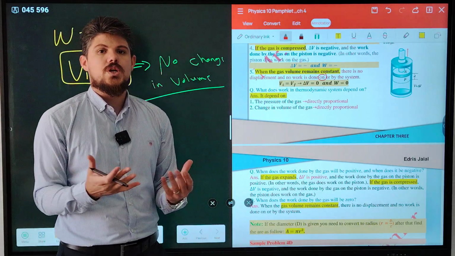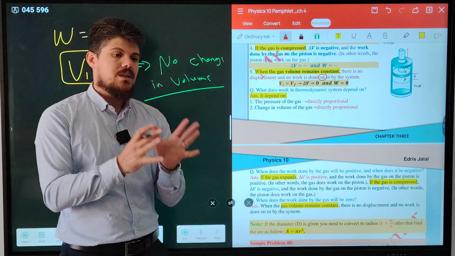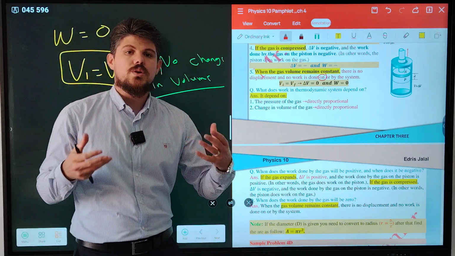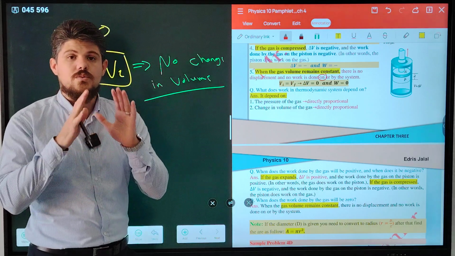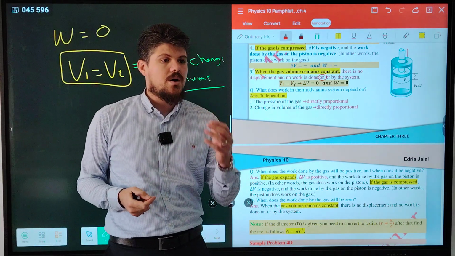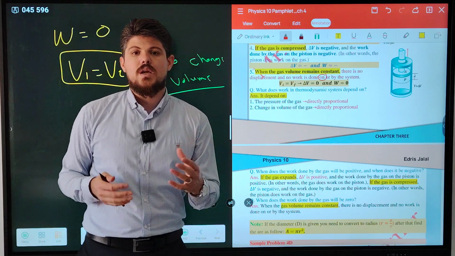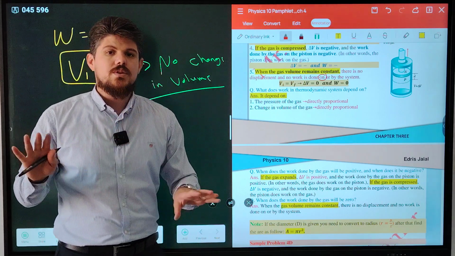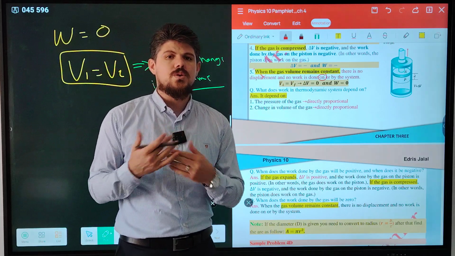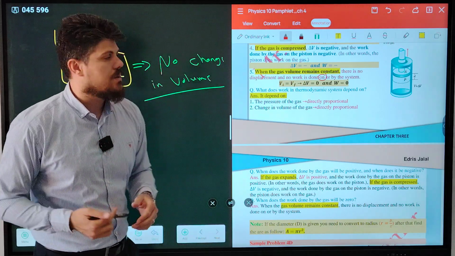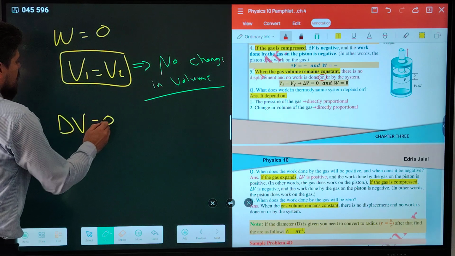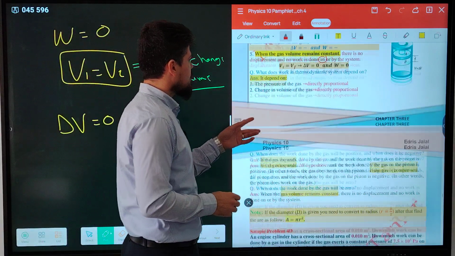But this increase of internal energy does not cause work done on the car, because the volume of the car doesn't change with the temperature. So when the volume doesn't change, there is no work done on the system. Work done is equal to 0, and delta V is also equal to 0.